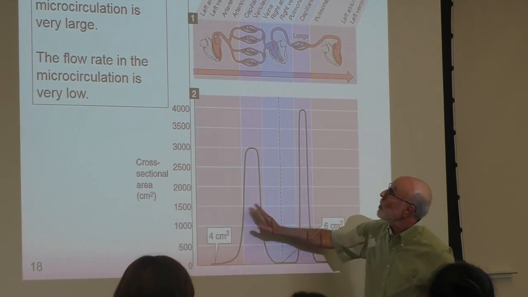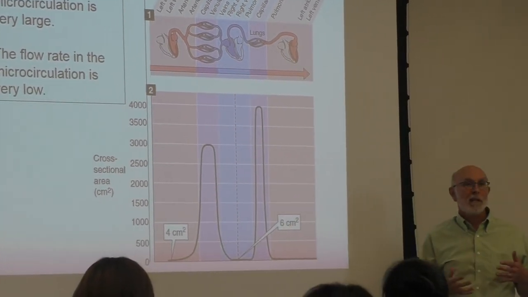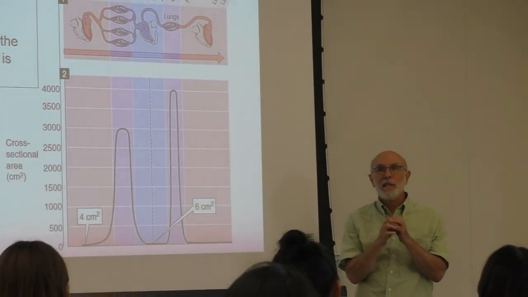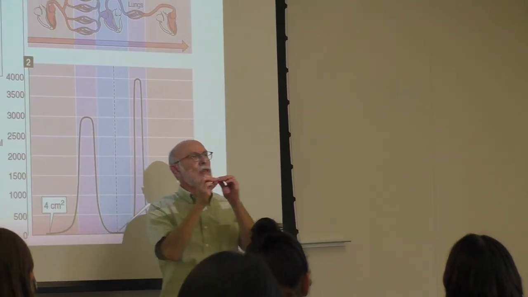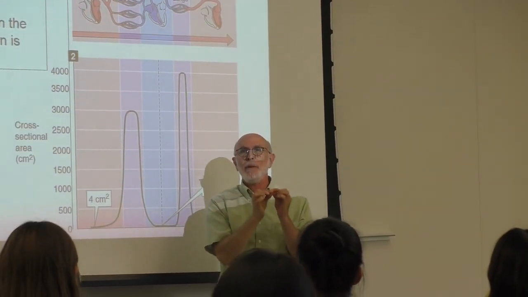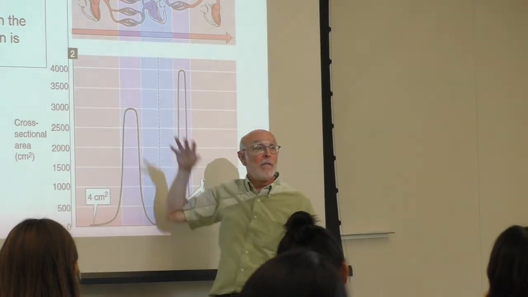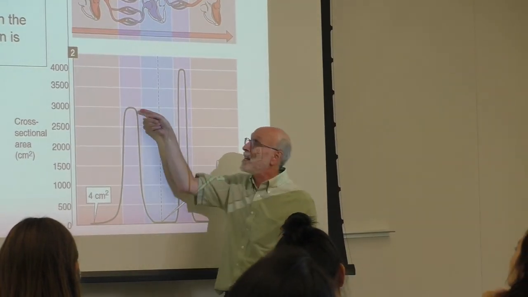The point is, when we get into the microcirculation with those millions and millions of tiny vessels all connected to each other, each one of them is microscopic in diameter, but we've got millions of them. And so the total cross-sectional area of that bed of capillaries is actually huge.